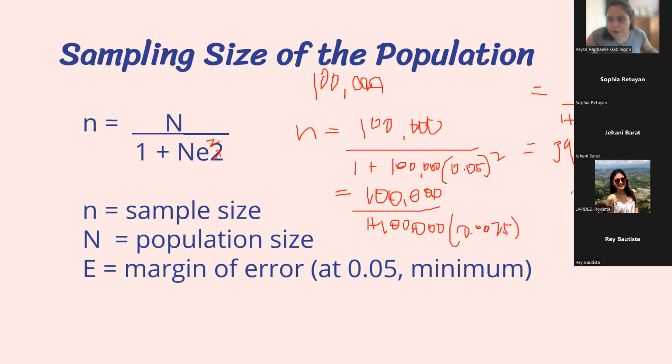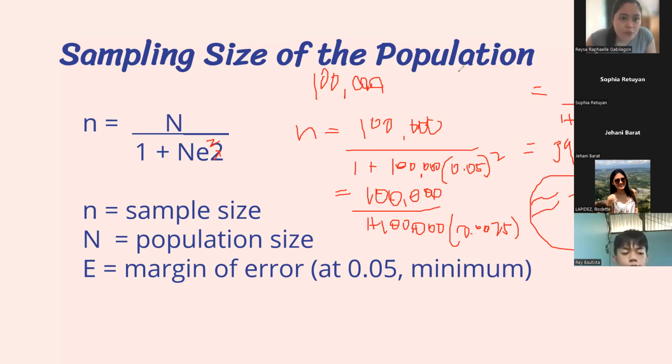Pero class, remember, you cannot do a survey sa 0.4 na tao. So you have to round it off. So this will just be 398. Okay? So if you have a population of 100,000, you will just do the survey to 398 people or individuals.